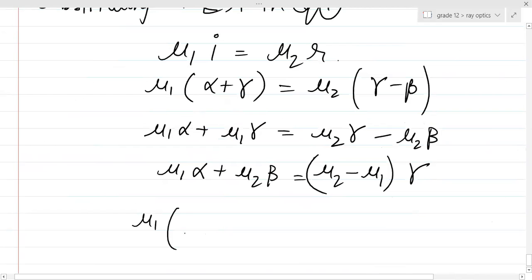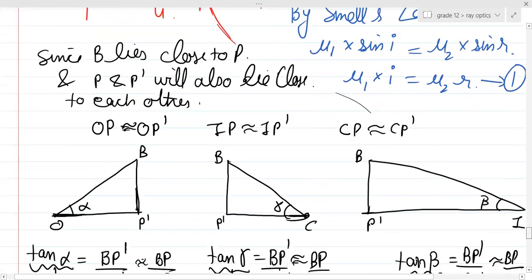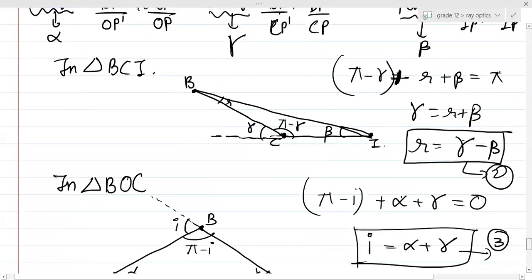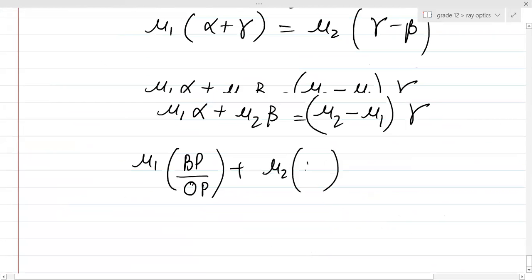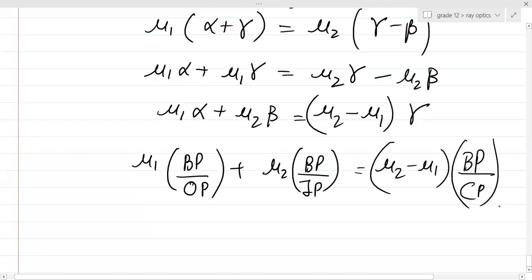So mu1 into BP upon OP plus mu2. Wherever there is beta, I'll write BP upon IP. So BP upon IP is equal to mu2 minus mu1 and this will be BP upon CP, right?